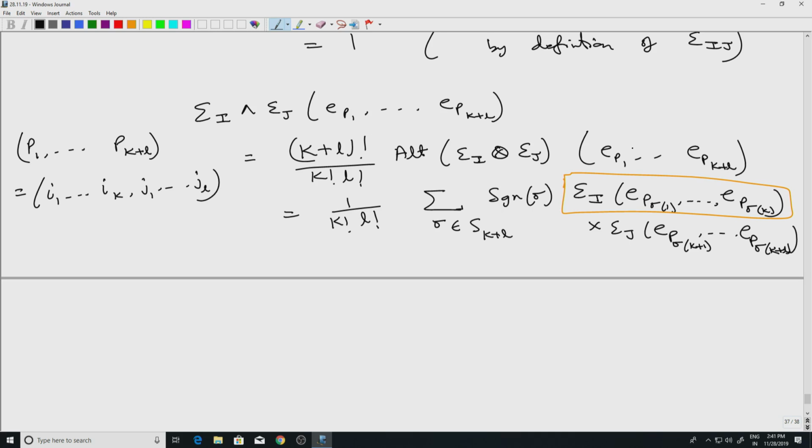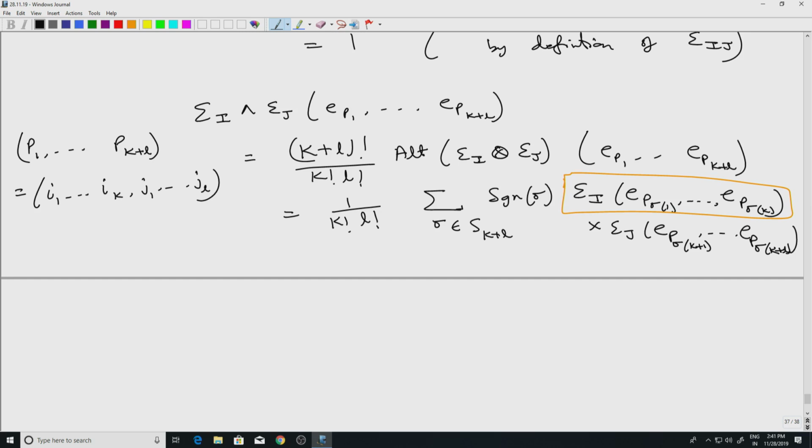the permutation sigma will have to be a permutation which takes the indices 1 up to k back to the same set 1 to k.